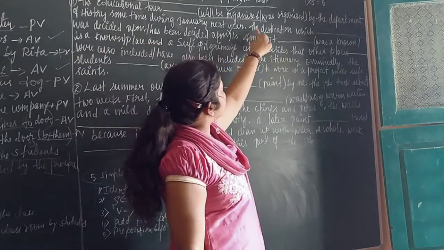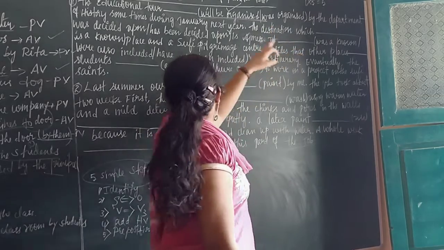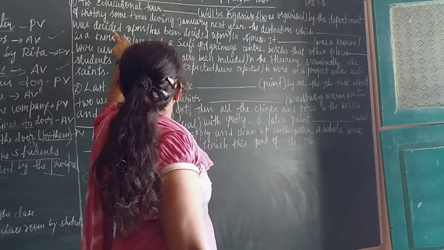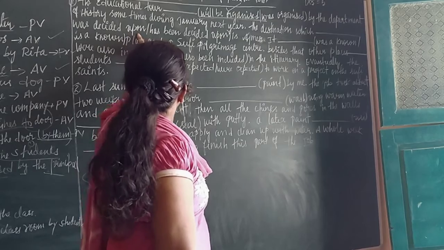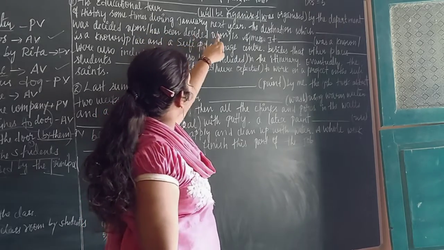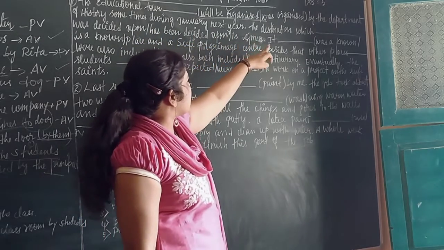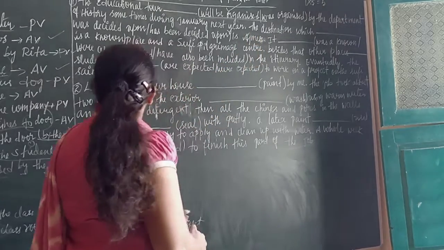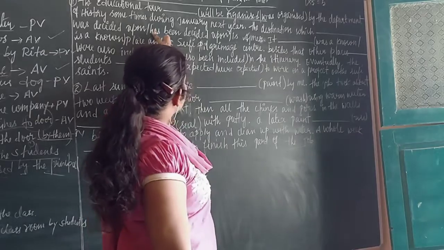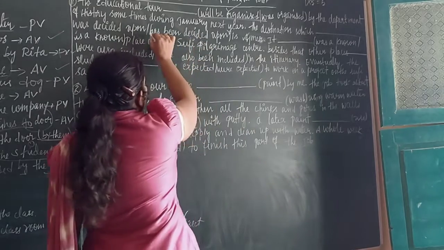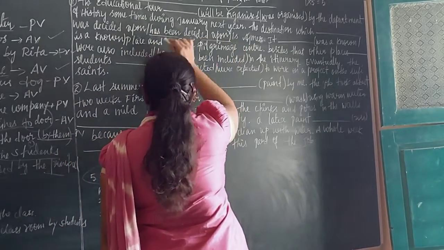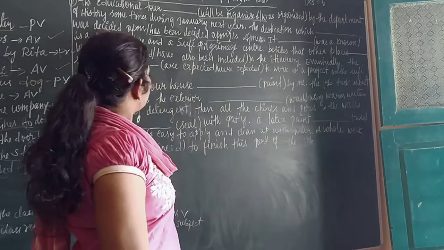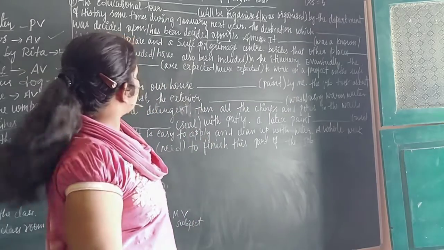The destination which dash was decided upon or has been decided upon is Ajmer. Again, this is in present tense. We have to use the present tense form of passive voice, that is has been decided upon, not the past tense form was decided.